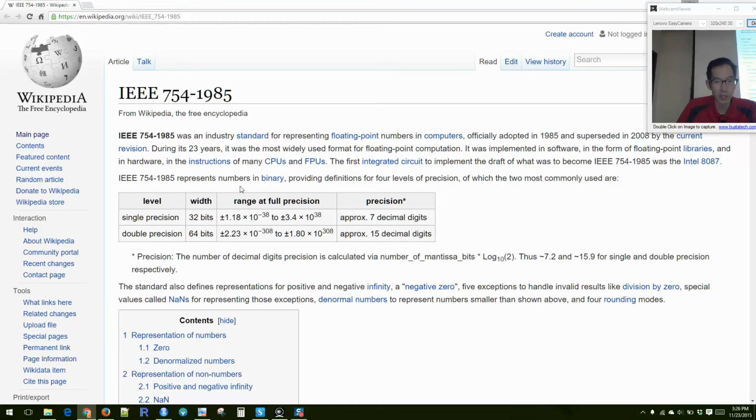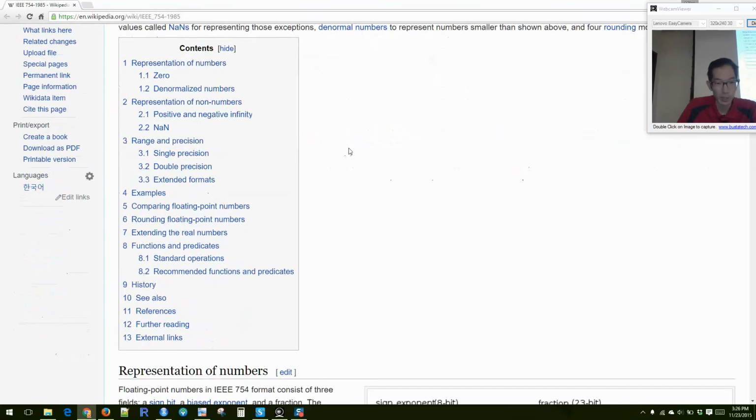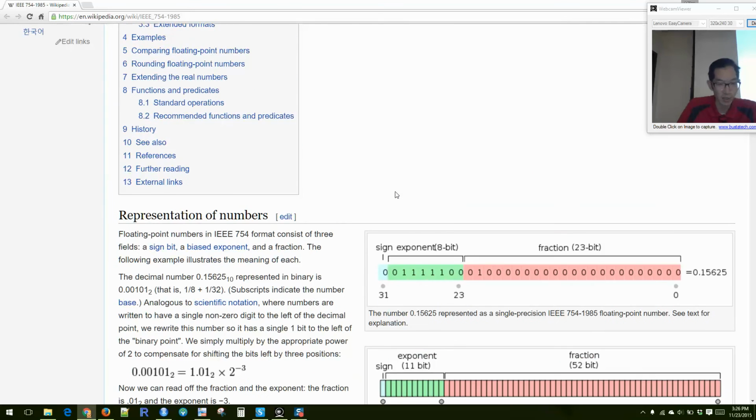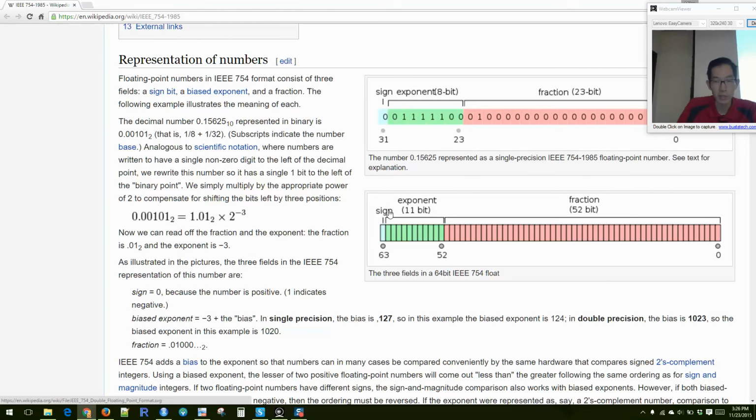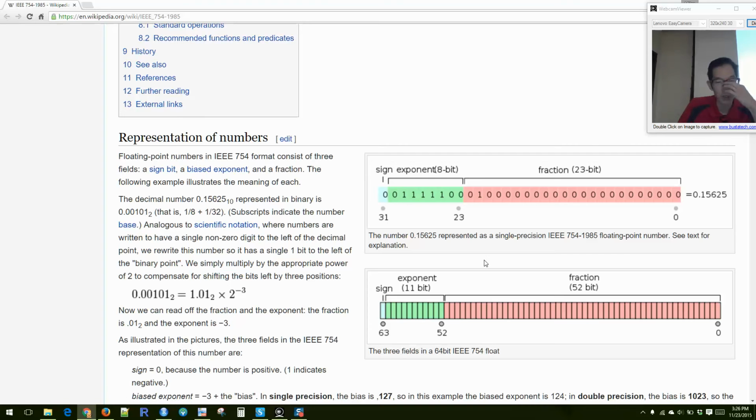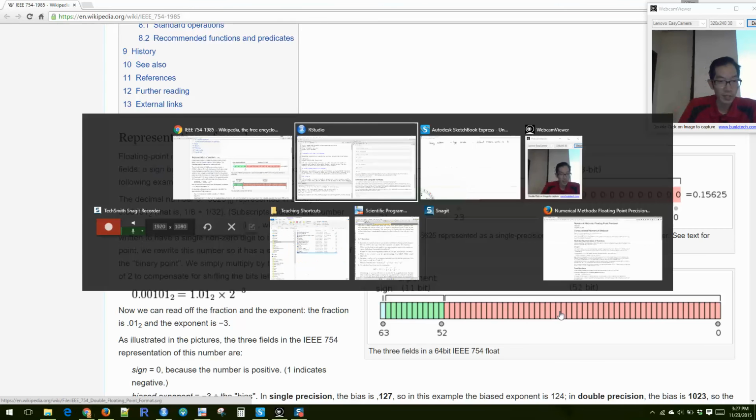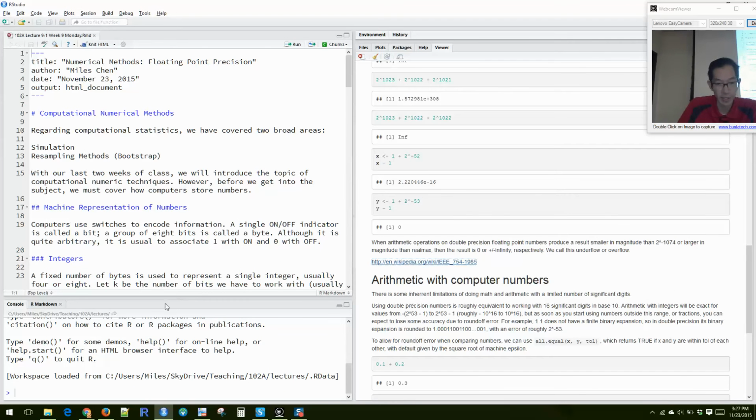It's an industry standard for floating point numbers in computation, and this page goes into a lot of detail. But basically, you have 64 bits to represent a floating point number. 1 is used for the sign, 11 are used for the exponent, and 52 are for the mantissa, as in scientific notation.